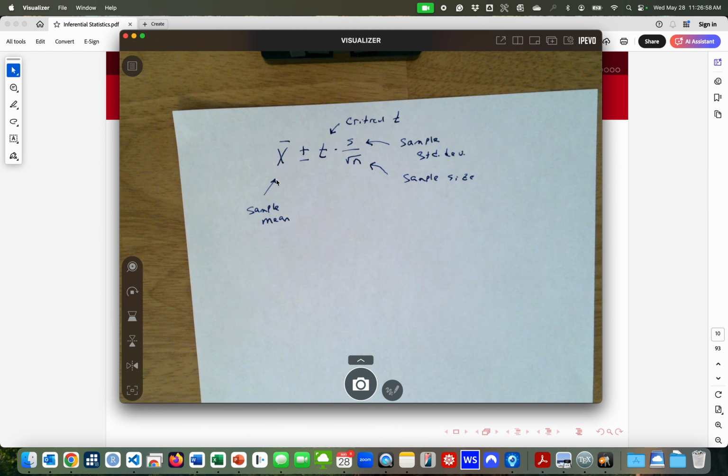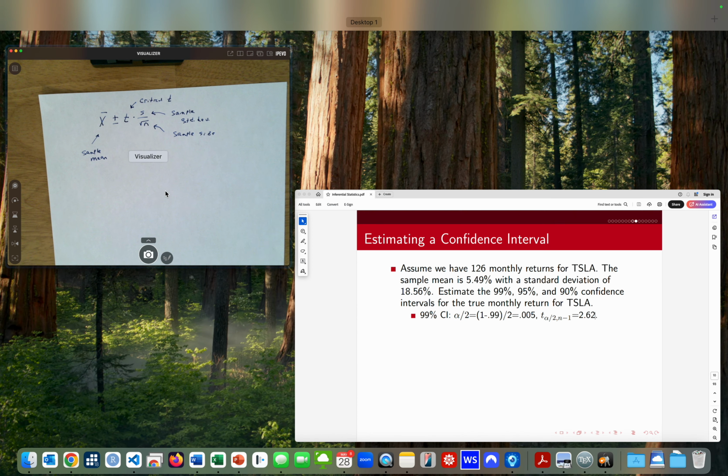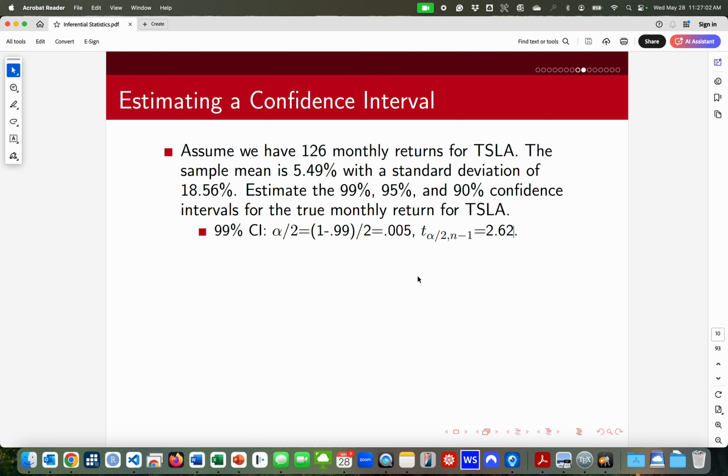So in this problem, we're going to write down all the pieces that we have. Our X bar is 5.49%.